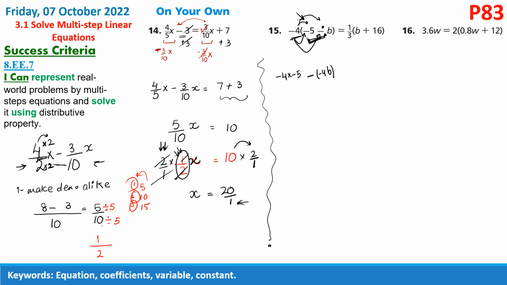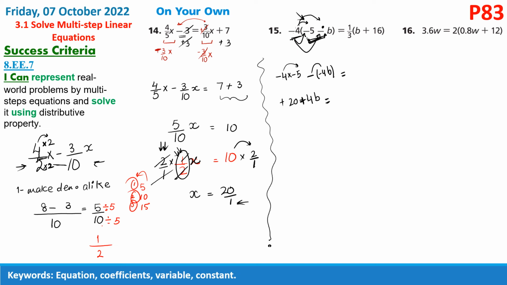First I am solving only this one. Minus 4 times negative 5: negative times negative is positive, 4 times 5 is 20, and negative times negative is positive, and this is 4p. This is the equal sign, so I put here both equal signs.